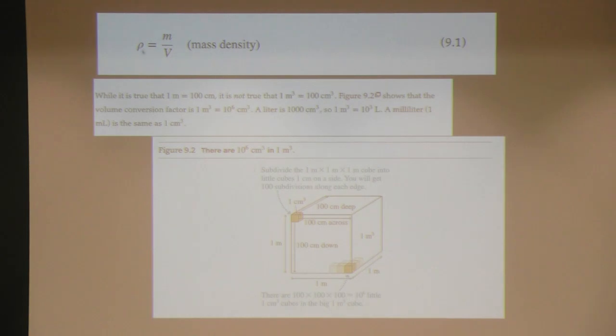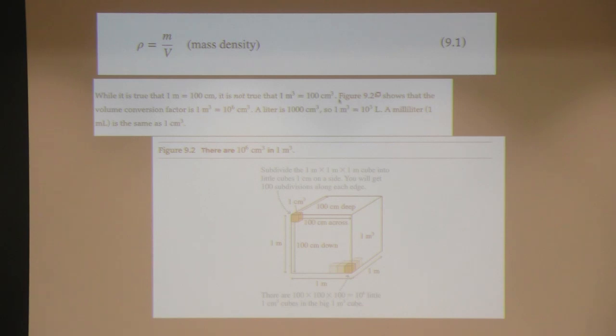So first I have density, mass per unit volume in this case. And while it's true that 1 meter is equal to 100 centimeters, it's not true that 1 meter cubed is 100 centimeters cubed. I think I already went over this calculation before, but I'm going to do it again.